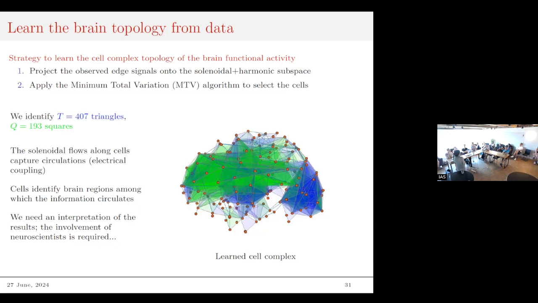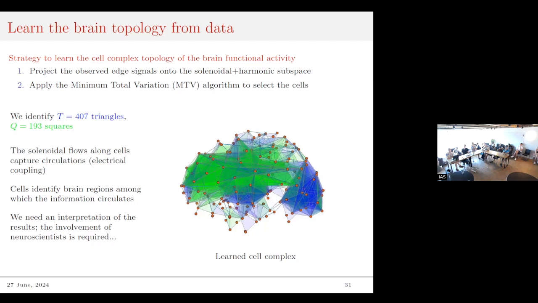Because I think that the point in brain networks is how can I observe an edge signal? What is an edge signal in the brain network? We are able to observe a flow over edges.